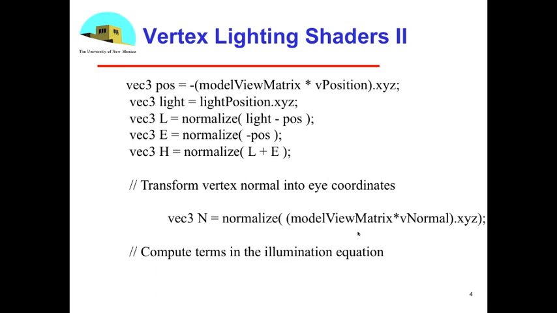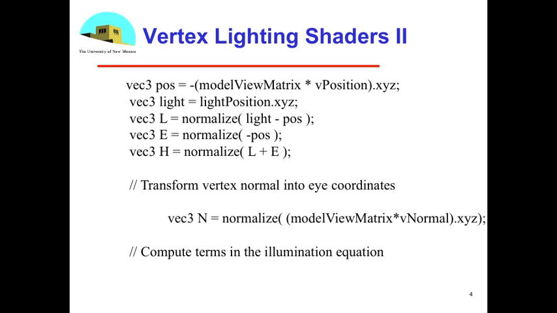What's happened here, and this is in the book, is that the matrix you actually apply here is called the normal matrix, which used to be maintained in the fixed function pipeline, and is actually the inverse transpose of the model view matrix. But it turns out, in this case, because we're not doing any scaling, it's just the model view matrix again.